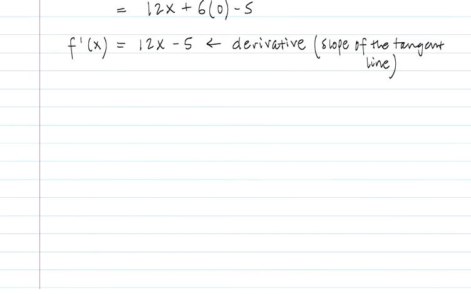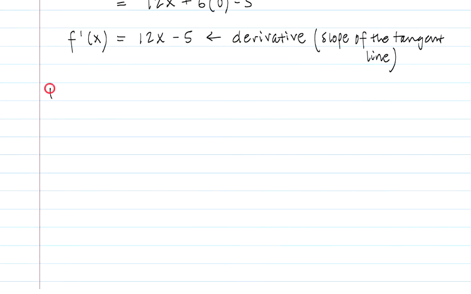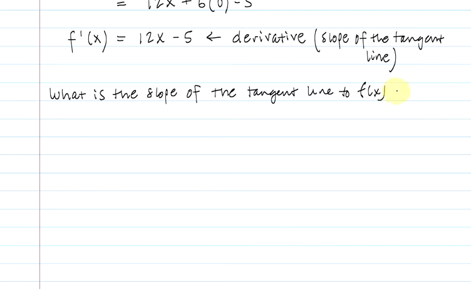So let's say that you wanted to find, say, what is the slope of the tangent line to f of x at x equals 1. This derivative that we found gives us a formula with which we can answer this question.